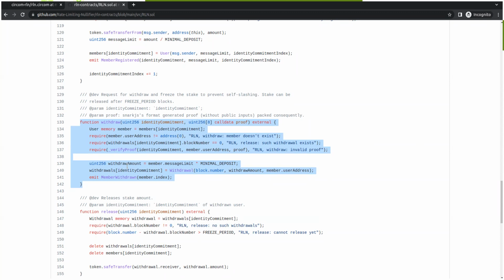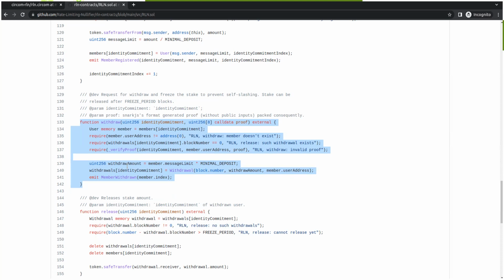But how are you going to send more than one spam message? As soon as possible you will be removed, right? Yeah, but that happens on chain, right? There will be some latency.